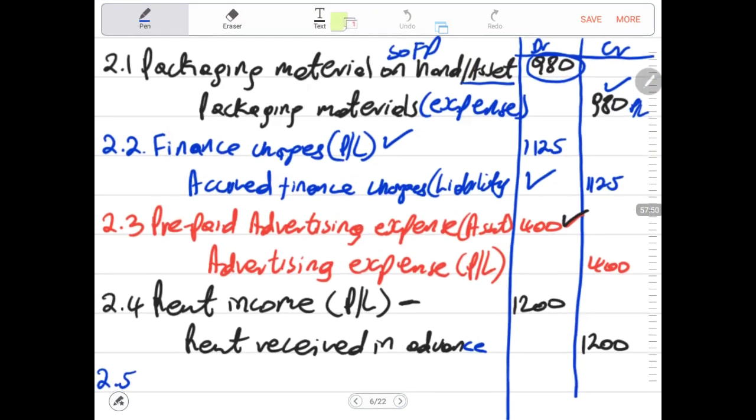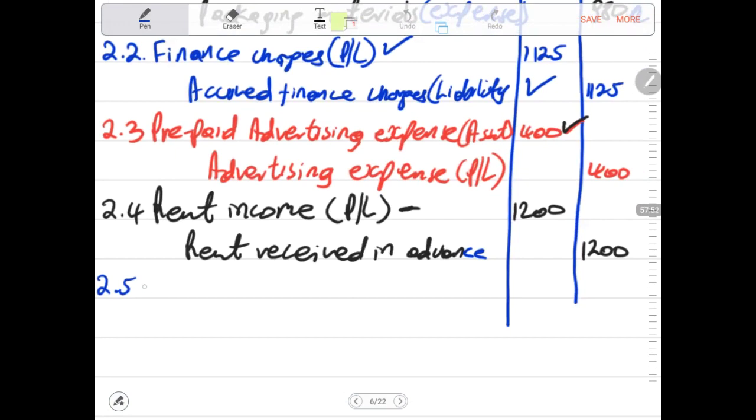So now we have to debit accrued interest income, which is an asset. Accrued income is an asset, and this is an amount of 1,000 rands.